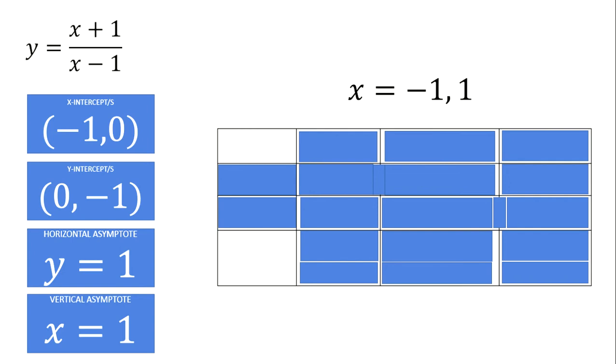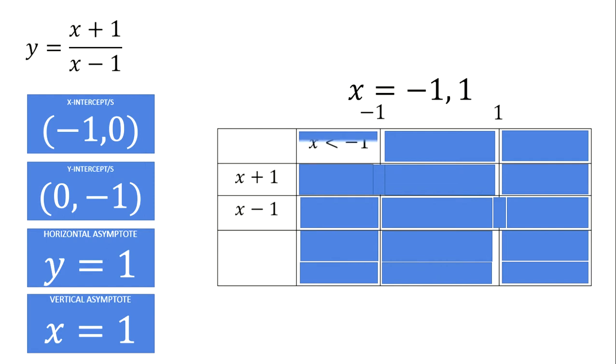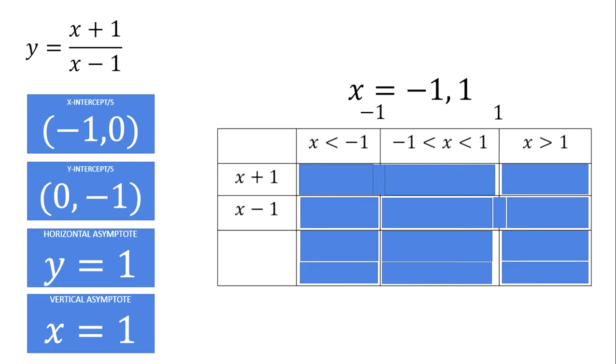Therefore, we have three inequalities here, which are x is less than negative 1, x is between negative 1 and 1, and x is greater than 1. So here we have the factor x plus 1. We know that x plus 1 will be 0 if x is equal to negative 1, and then x minus 1 if x is equal to 1. Okay? So remember the rule?